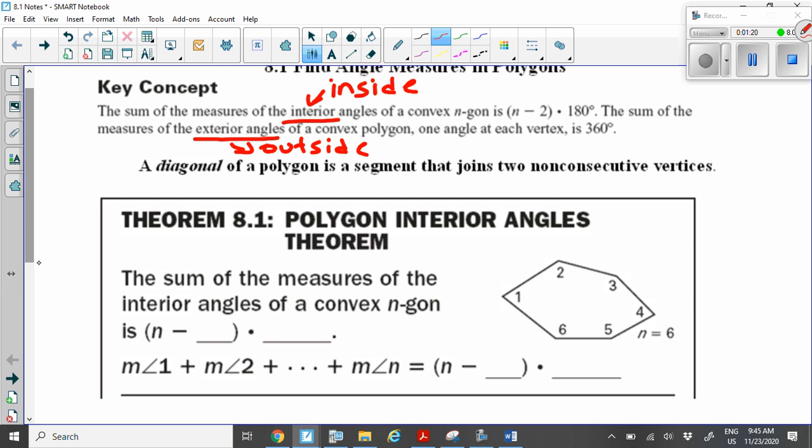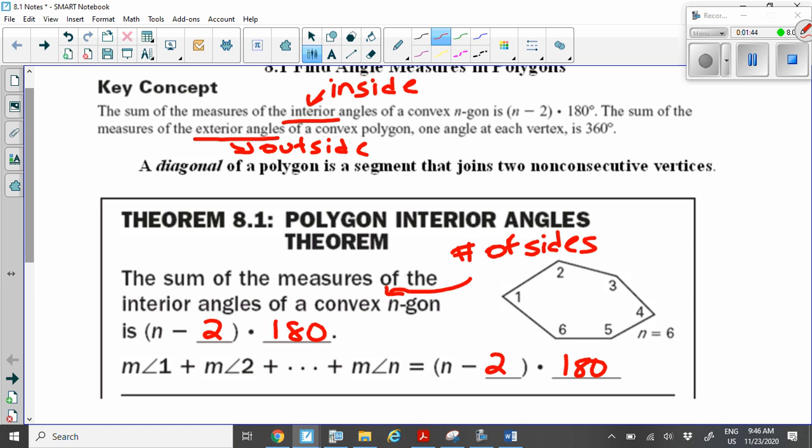Of an n-gon, so n represents the number of sides. So the number of sides of the polygon is n minus 2 times 180. Okay? So no matter what, when we add up all the angles, we will get that 180. So we have n minus 2 times 180.